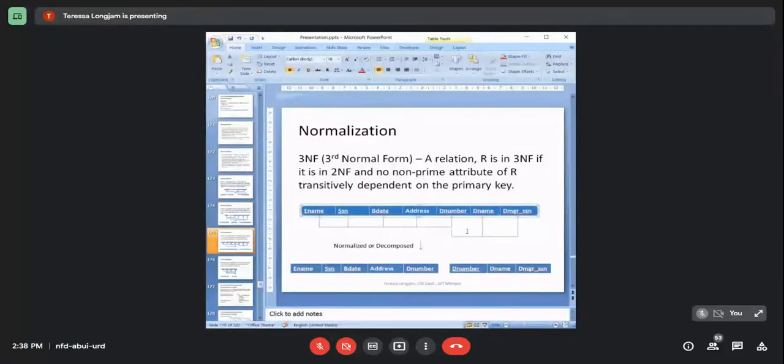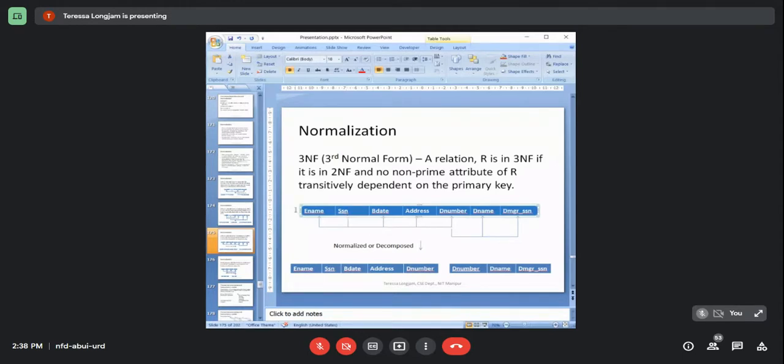Dname, that is department name, and department manager SSN are depending on D number, and D number is again depending on SSN. So Dname and Dmgr SSN are non-prime attributes, isn't it? So these non-prime attributes are transitively depending on the primary key.